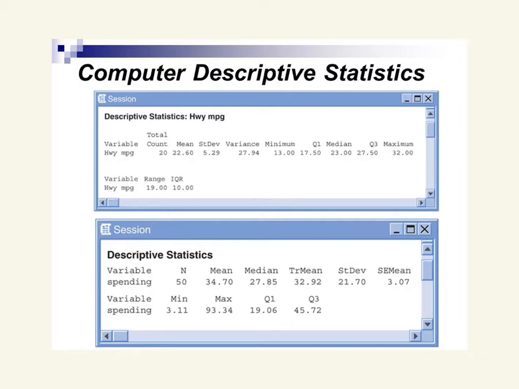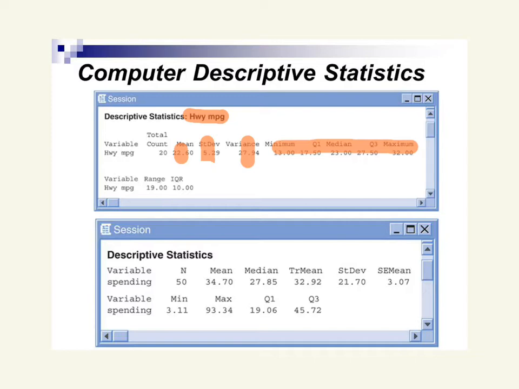So in the first example, you can see we're talking about highway miles per gallon, but in this computer printout, we've got the mean, we've got the standard deviation. It also shows the variance, not that that matters too much. And then the rest of these values, the minimum, Q1, the median, Q3, and the maximum, well, there's our 5-number summary.